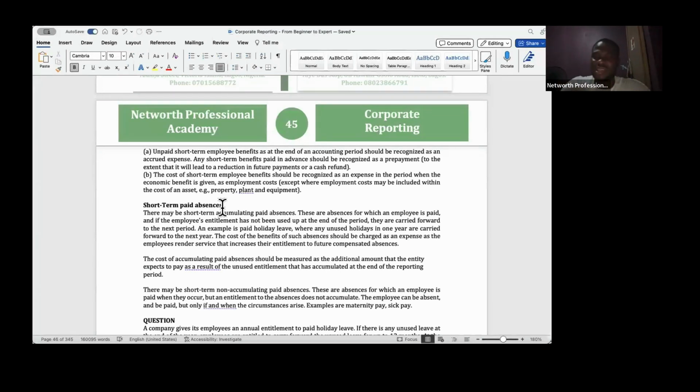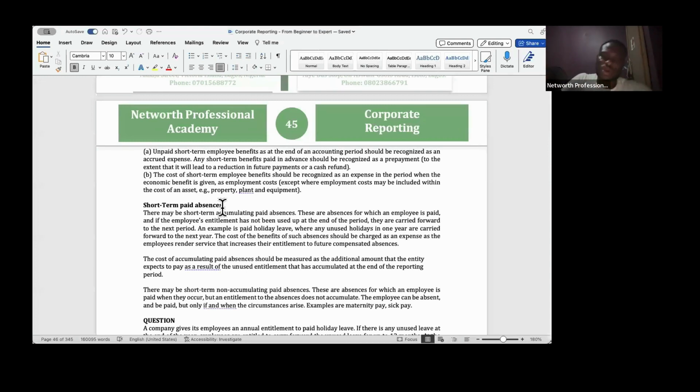What we are looking at is that it can be straightforward in the sense that if the entity says that if you are absent, you get the money. But if you are not absent, meaning you didn't go for your leave, or you were not sick, or you didn't go for maternity, you are not going to get it. It's gone. You will not get paid that amount.